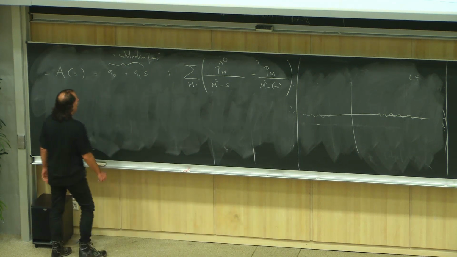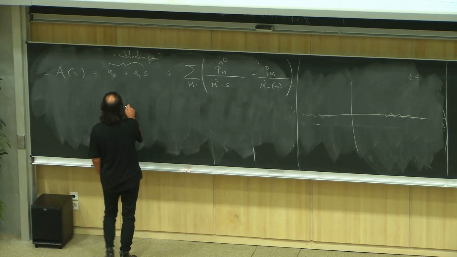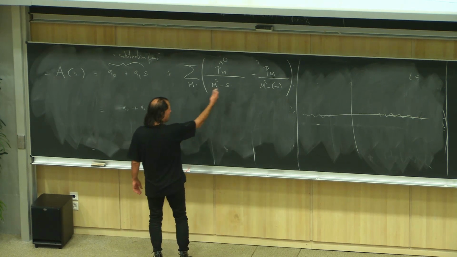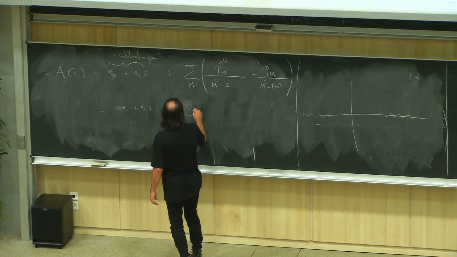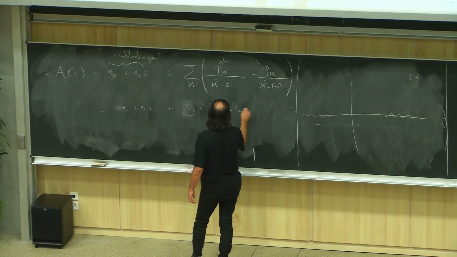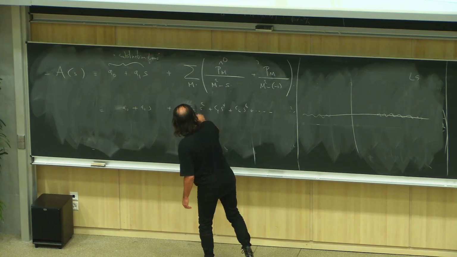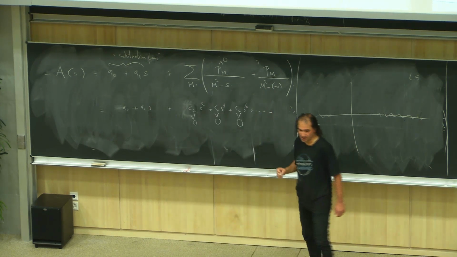What I get is something with A0 and A1 s, but then the rest, just by expanding this out, is going to be some positive coefficient C2 s squared plus C4 s to the fourth plus C6 s to the sixth, plus dot, dot, dot. And so I learn not just that the coefficient of s squared is positive, but all of these coefficients are positive, just by doing that expansion.